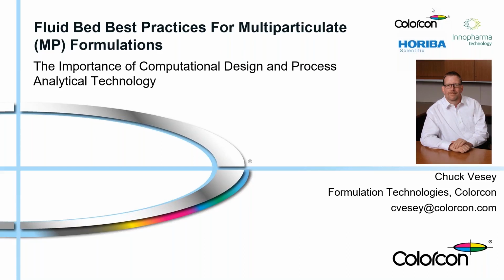In this presentation, Chris Callahan and I will discuss computational design tools, process analytical technology, or PAT, and a best practice approach that can help design more robust formulations, predict performance, and accelerate development by reducing traditional iterative trial and testing practices.